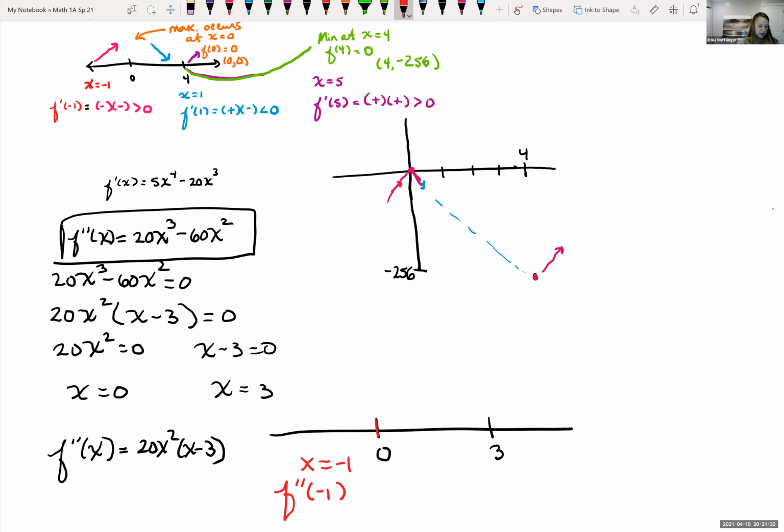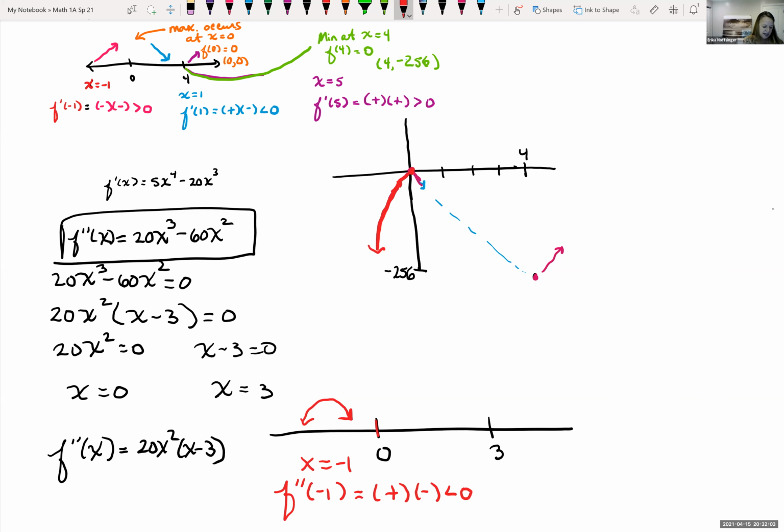Well, -1 squared is positive times 20. So that first piece is always going to be positive. -1 minus 3 is negative. So I see that this is less than 0, so this has to be concave down. So if I go back to this graph, until I hit 0, I'm concave down. My graph looks like this.